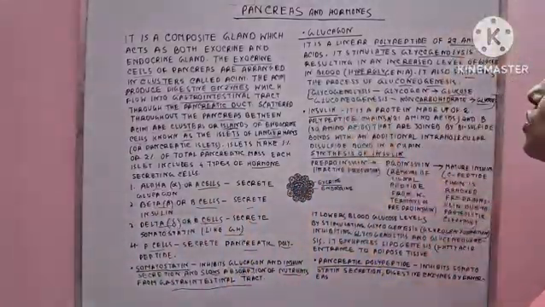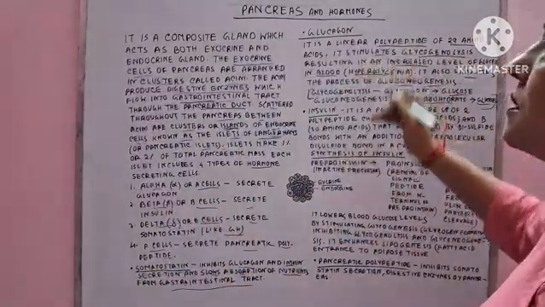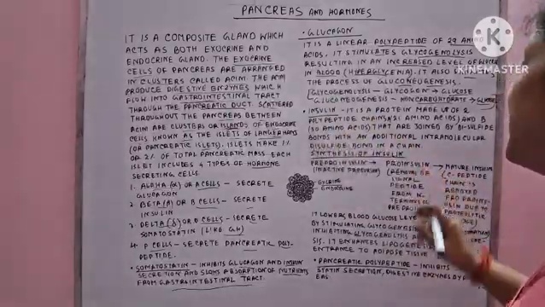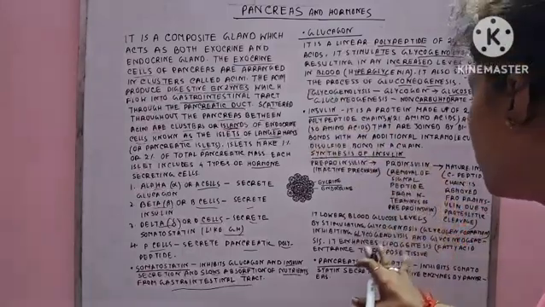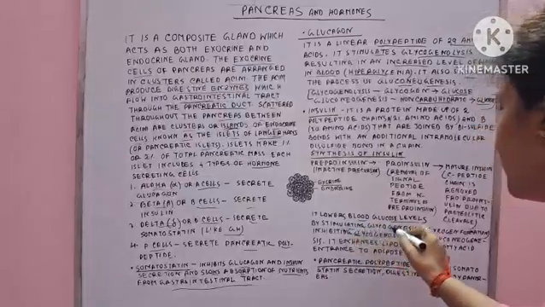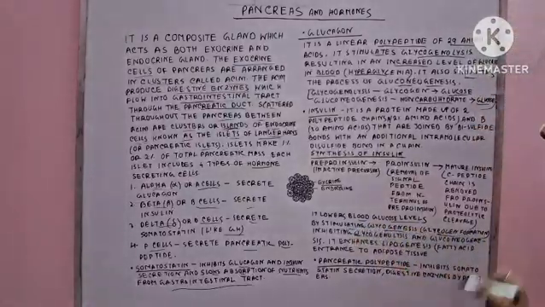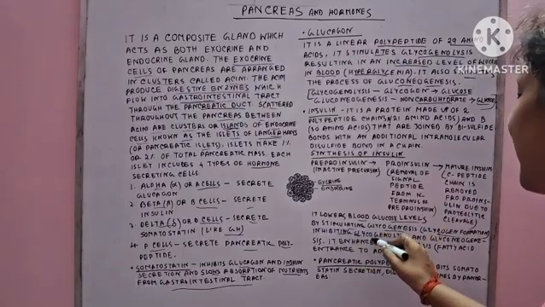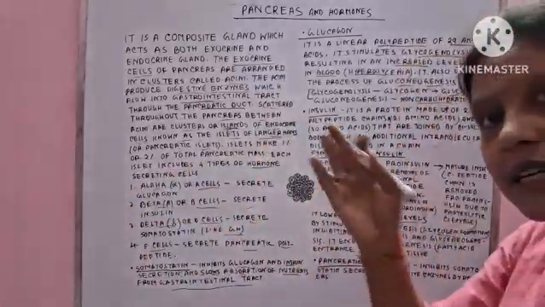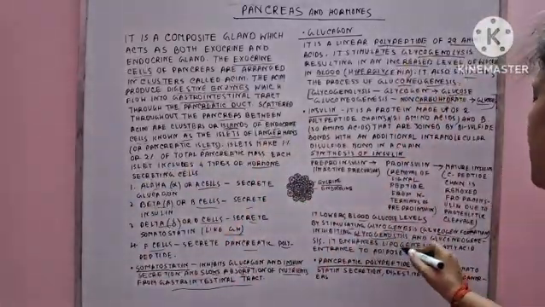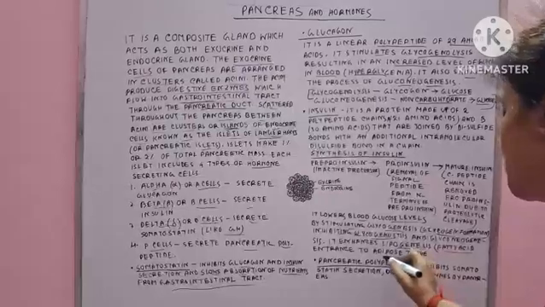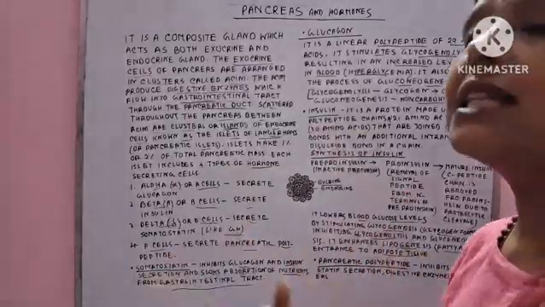And what is the role of the insulin? Glucagon and insulin both act in the opposite way, because insulin's role is what? It lowers the blood glucose levels by stimulating the glycogenesis, that is the glycogen formation, and inhibiting the glycogenolysis, that means the glycogen to glucose formation is inhibited by the insulin, and enhances the lipogenesis, that means entrance of fatty acid to the adipose tissue or for making the adipose tissue.